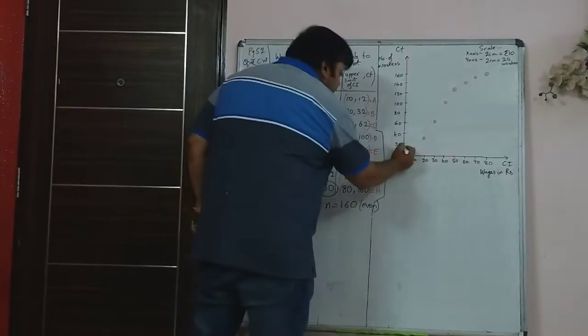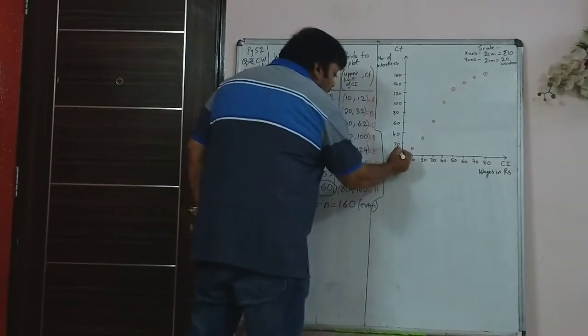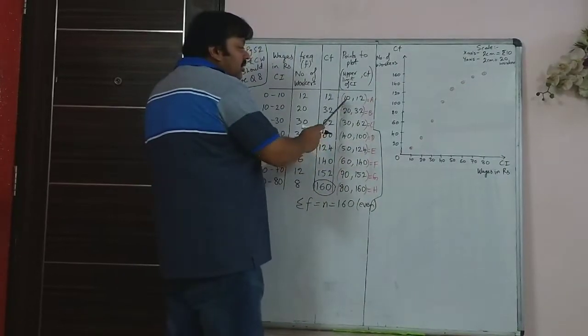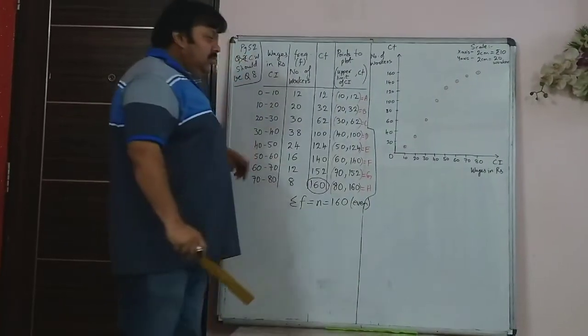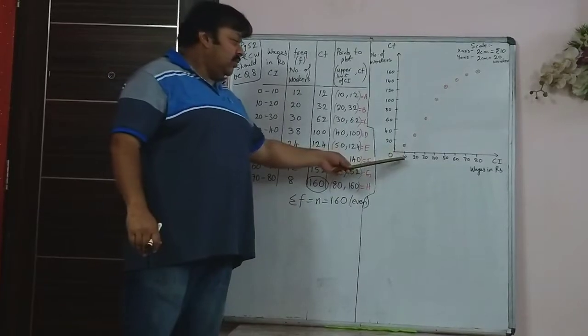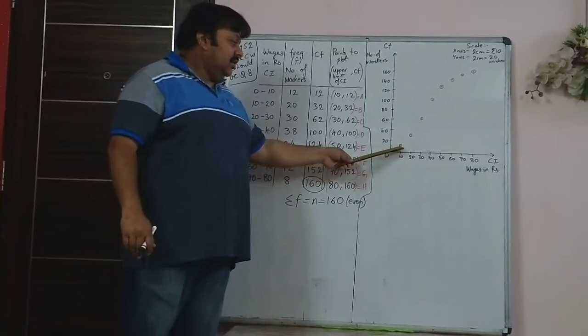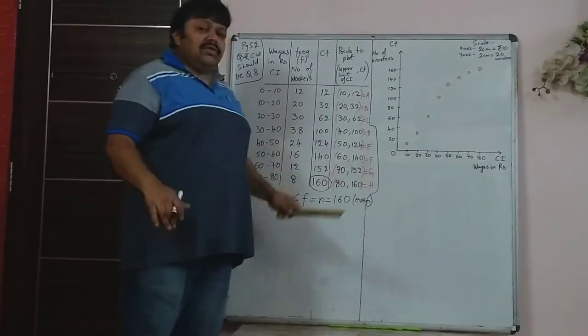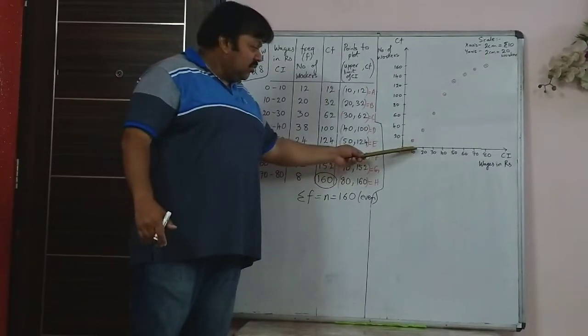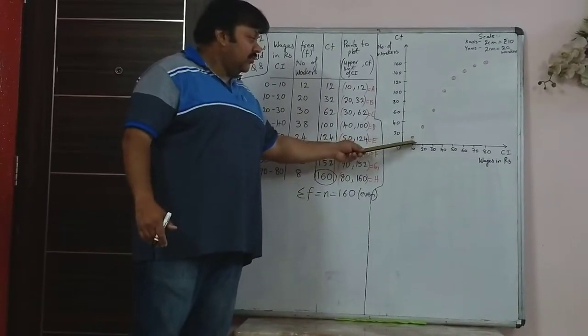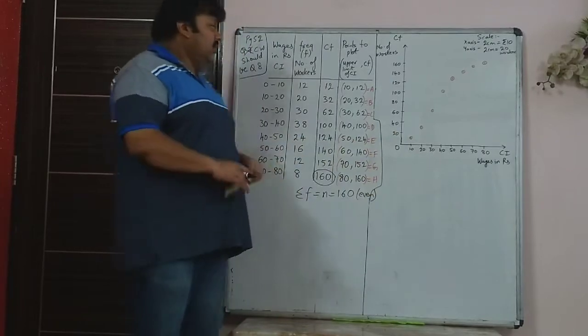Now here, the first point that you have plotted is 10, 12. So 10, 12 would mean x-axis 10, y-axis 12, which is 6 2s. So 6 small lines above 0 will be 12.